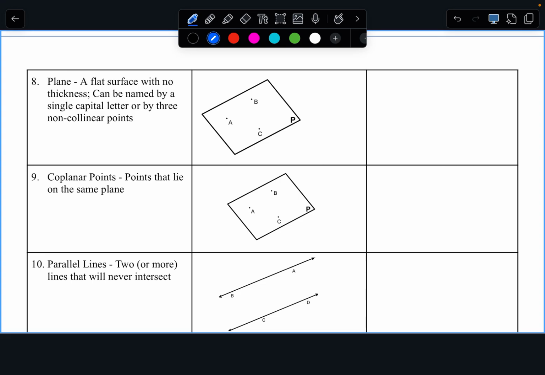So we can label this as plane ABC. It doesn't matter what order those letters go in. So it could be ACB. It doesn't matter as long as those 3 points are not on the same line.